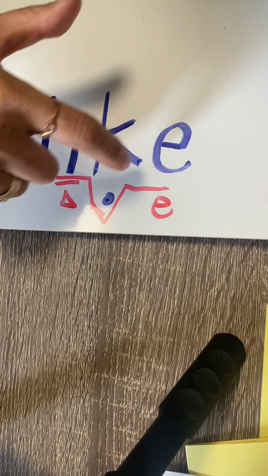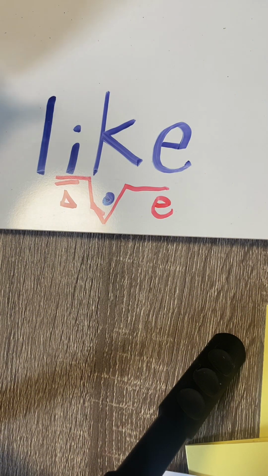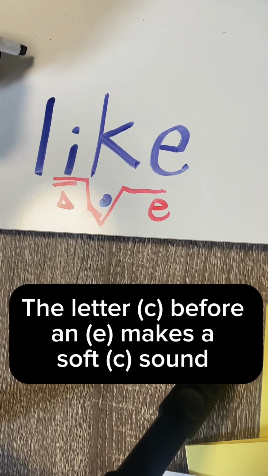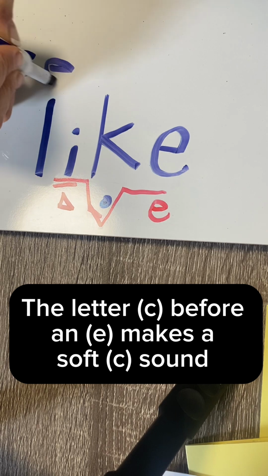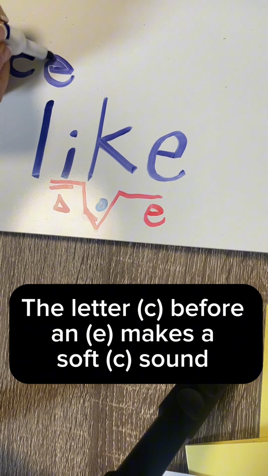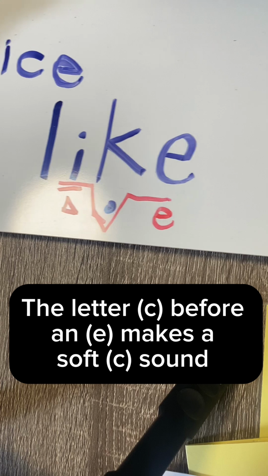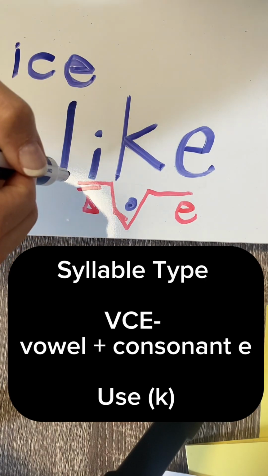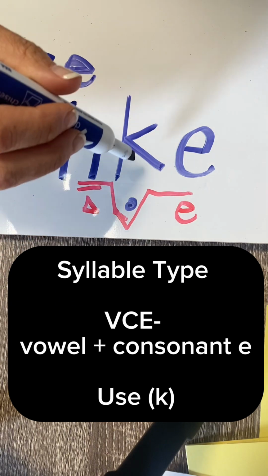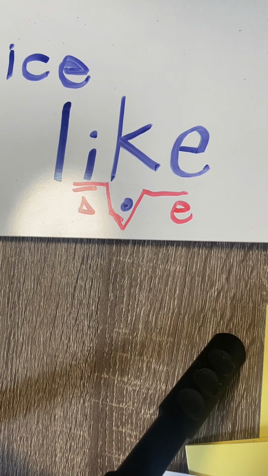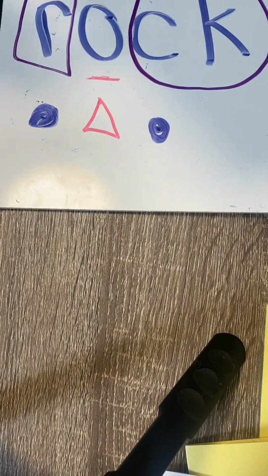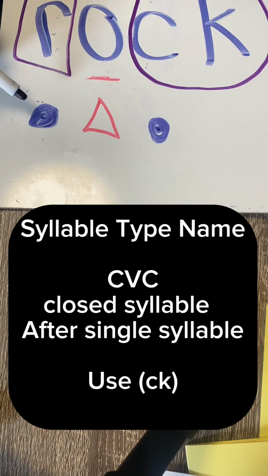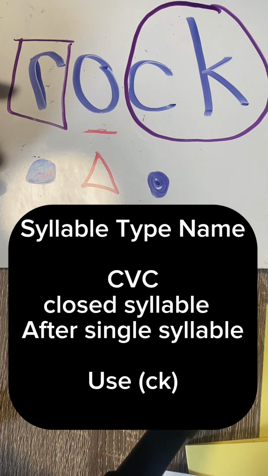Because if you put a C there, it changes it to a different sound. You see that? Like ice. And in the syllable type vowel consonant E, you're going to be using a K at the end of the sound. And when it's a single syllable word and it's a closed syllable, like in rock, you're going to be using CK.